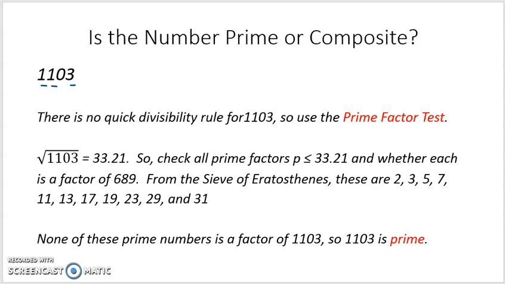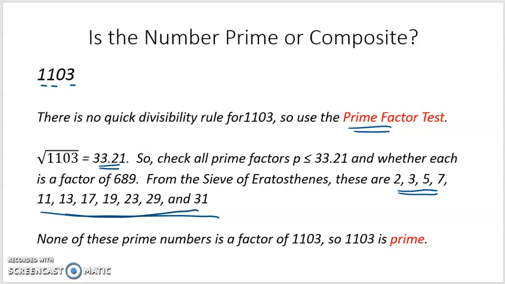So there's nothing that's obviously a factor of 1103, so we use the prime factor test. Take the square root of 1103, that is 33.21. So the prime factor test says check all the prime factors, P, which are less than 33.21. From the sieve of Eratosthenes, I've got a list of them right here.